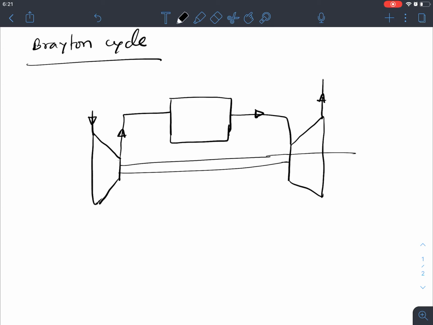Okay, and that turbine is producing some sort of work, W turbine, and this compressor was consuming some work, WC, right? This is the combustion chamber.